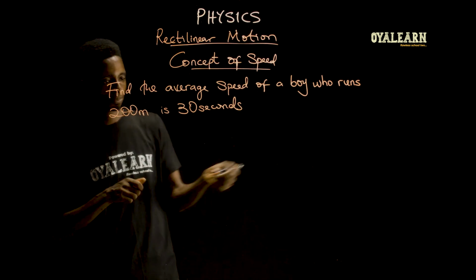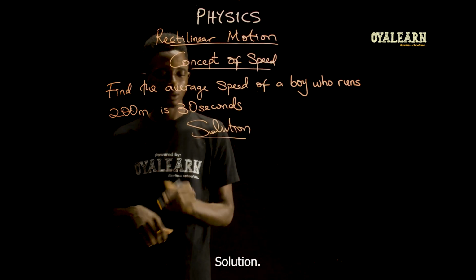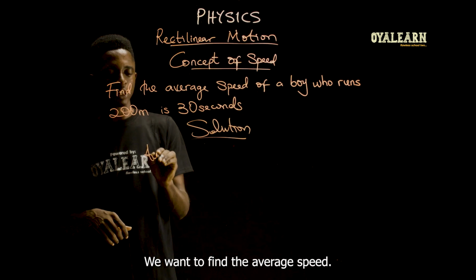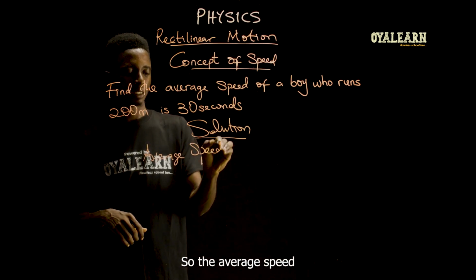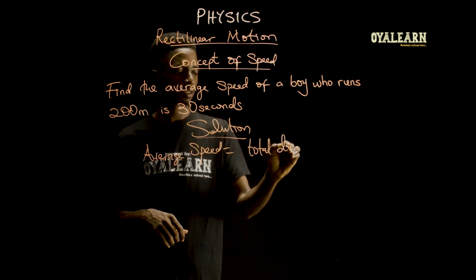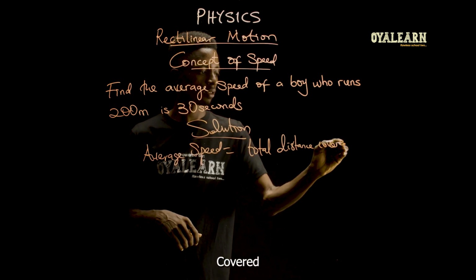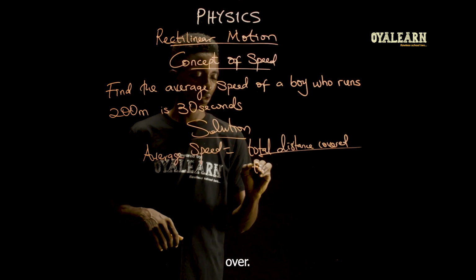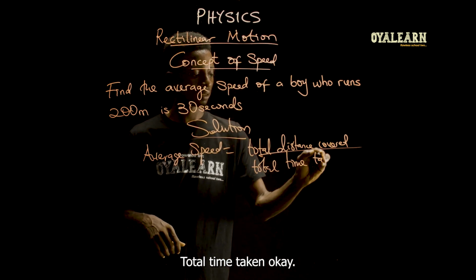Now let's solve. Solution. We want to find the average speed. So the average speed is total distance covered over total time taken.